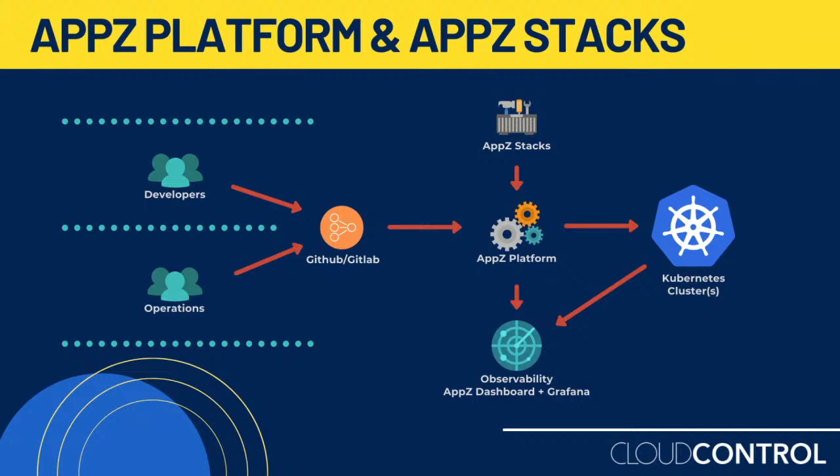With all these things happening, we still have the full audit trail and full logging as the code moves through the different layers and gets deployed. The entire workflow and log is visible from our observability platform, the AppG dashboard, which acts as a single pane of glass for your entire cloud as well as the application landscape.